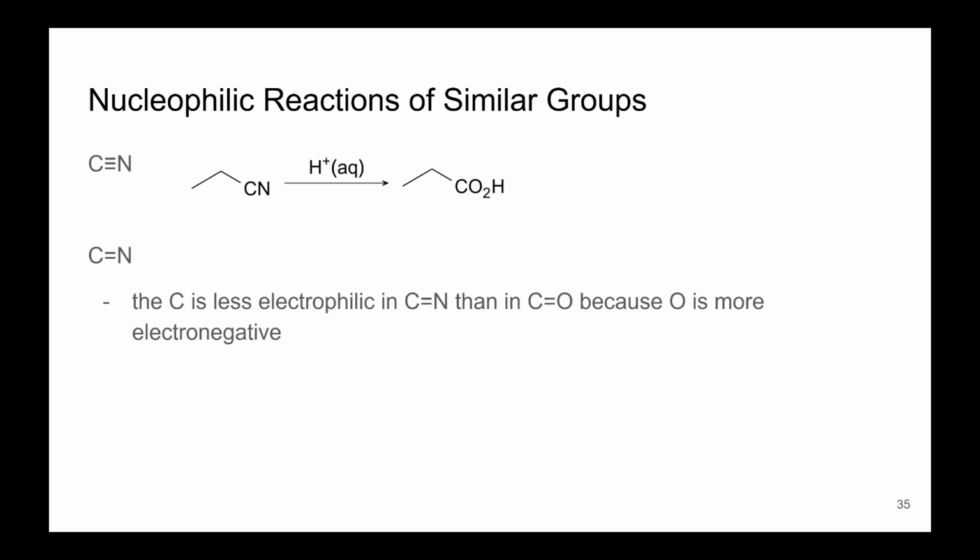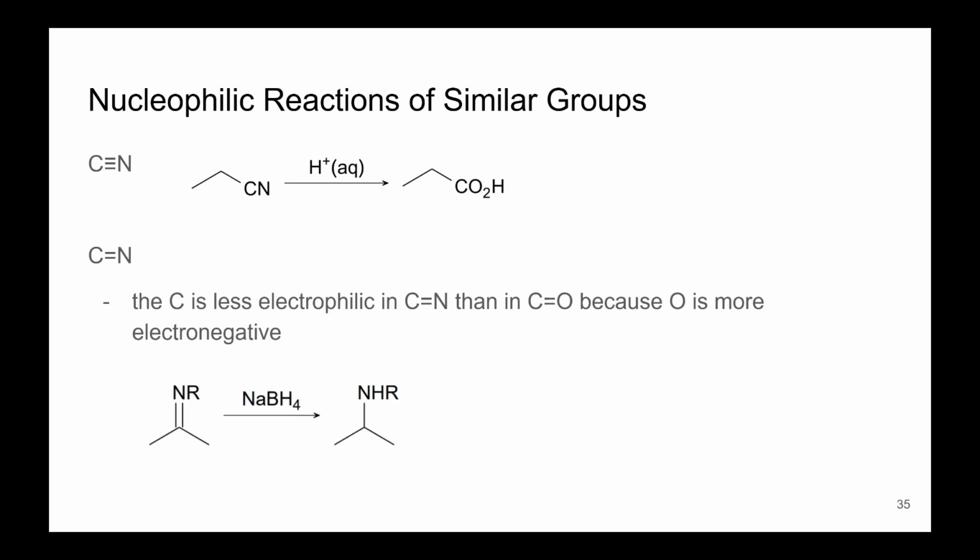Some reactions: when you hydrolyze the CN group, that will give you your carboxylic acid group. You can try to draw the reaction mechanism. It's pretty similar to the hydrolysis of esters. Remember to protonate the N, and that will help you form a good leaving group.